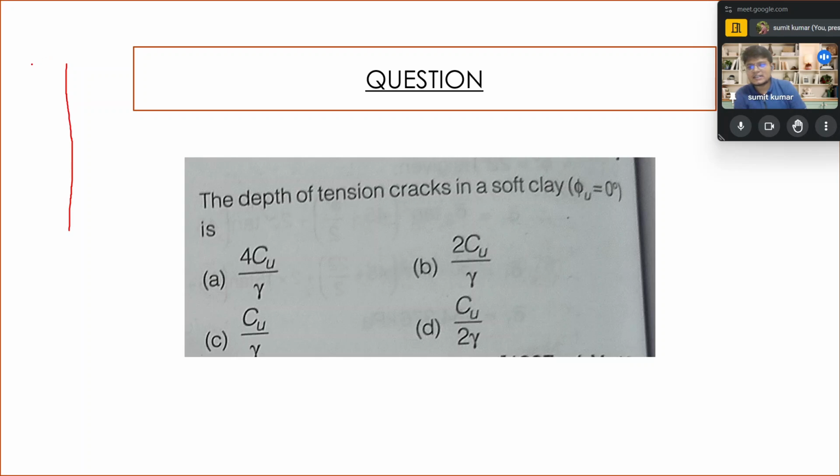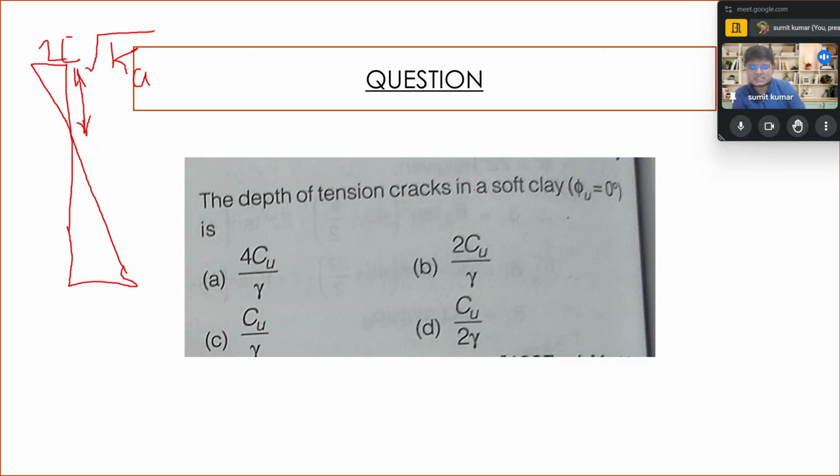You know that when cohesion is there, there is some negative earth pressure, and afterwards the earth pressure diagram is made like that, and the intercept over here is 2c root k, 2 into c into root k. So the depth of tension crack is this much.